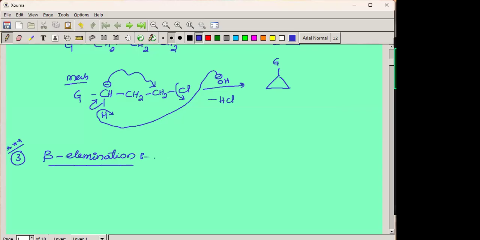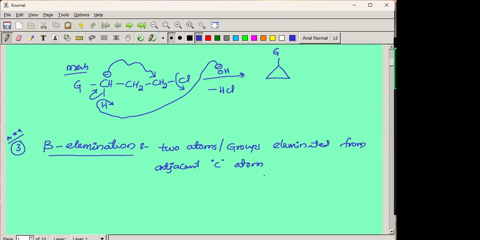From the adjacent carbon atoms, two atoms or groups are eliminated from adjacent carbon atoms. So then that is called as the beta elimination.